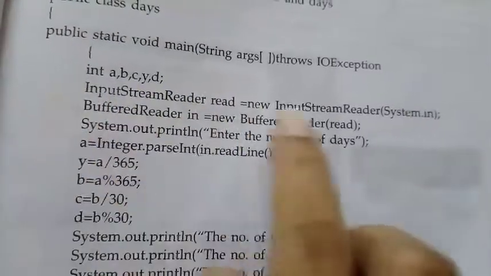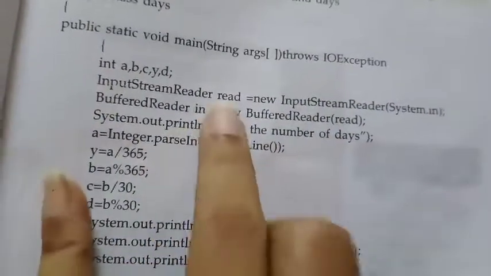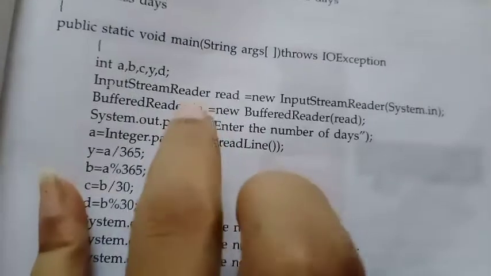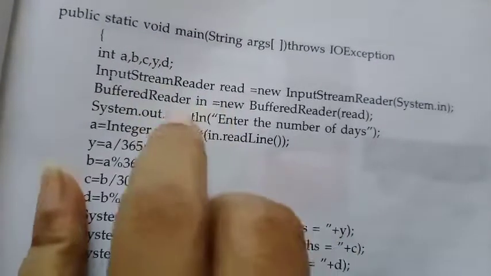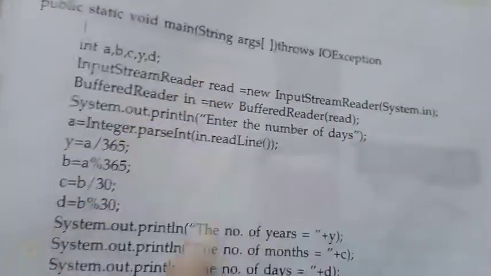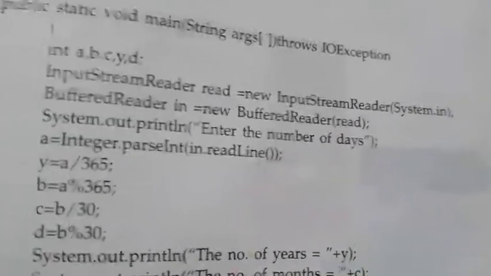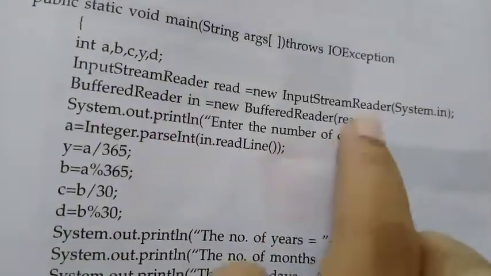This streaming data will be stored in the temporary BufferedReader class, and to access the data from this BufferedReader class we need an object, and this is your object declaration here. We are going to access the data from this InputStreamReader only, so that object needs to be given here.